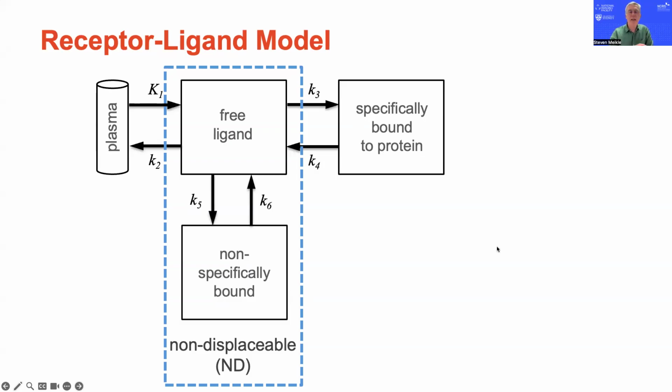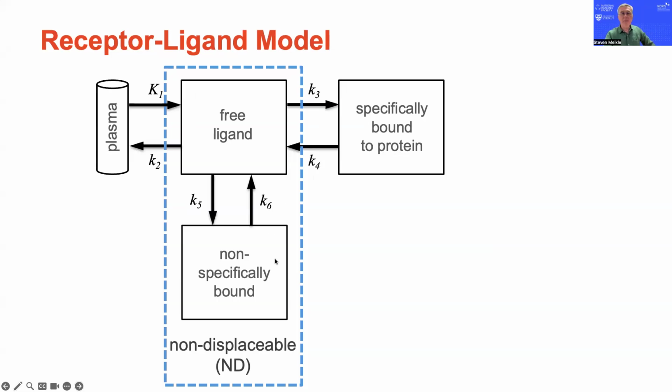And we often do that. Sometimes we'll do a PET experiment and we'll either inject the patient before the PET scan with a drug that we know is in competition for the same receptor sites, or even during the PET scan, we might inject a competitor drug and try to displace our tracer from those specific binding sites. So now you can see we've got K1, K2, K3, and K4. These are the key ones that describe the on rate and the off rate, roughly.